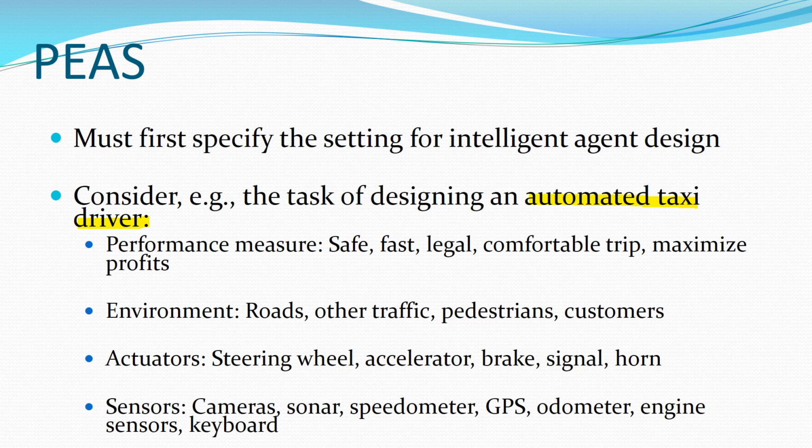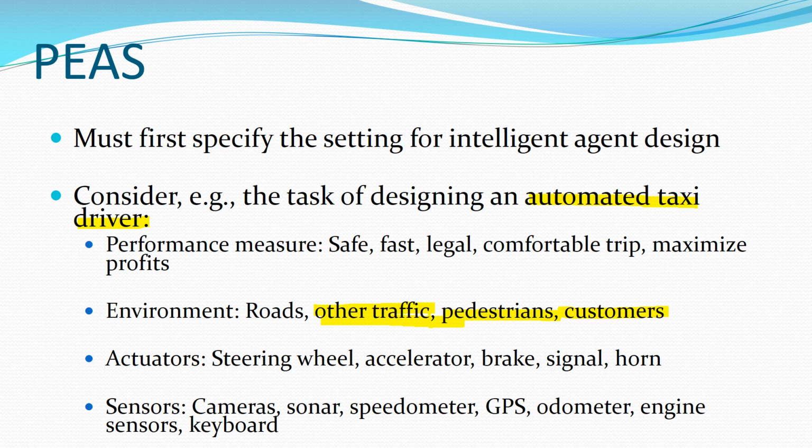We know that in the environment not only one taxi is there, other traffic is also there, that is, other cars are also driving. So it is considered as other taxis or other traffic. Whenever we are going through the road, pedestrians are also there, crossing the roads or walking along the road. So pedestrians are also part of the environment. Customers are also part of the environment.